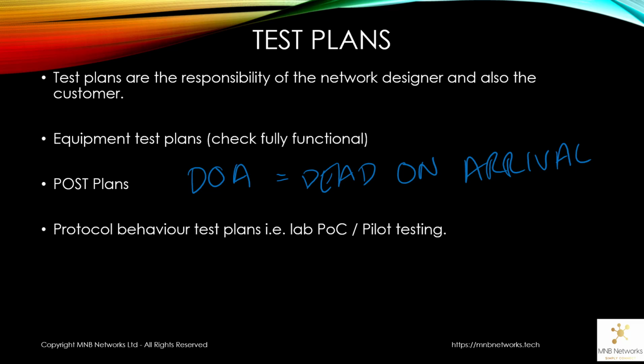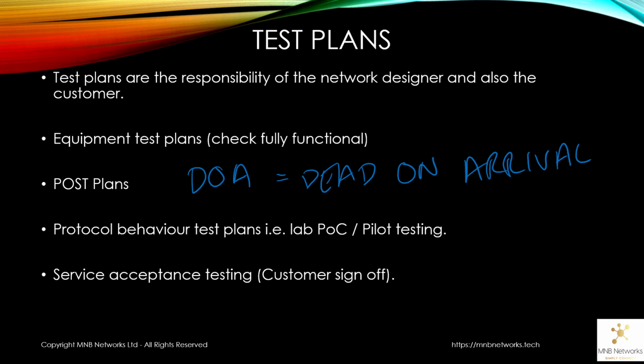Protocol behaviour test plans might be related to ensuring that traffic is being routed a certain way over link 1 or link 2, or if you want certain types of application traffic to go over the internet and the rest to go over the private wide area network. Service acceptance testing is slightly different, where it relates to application testing.